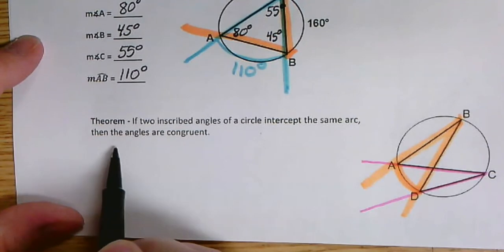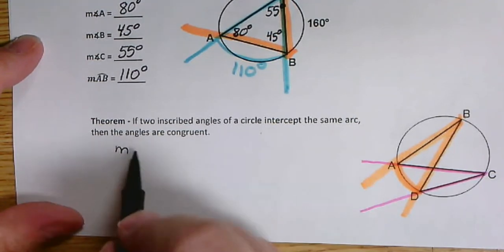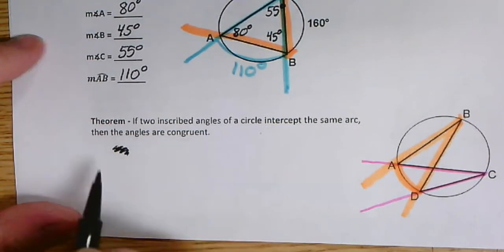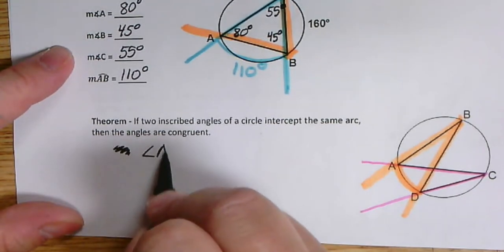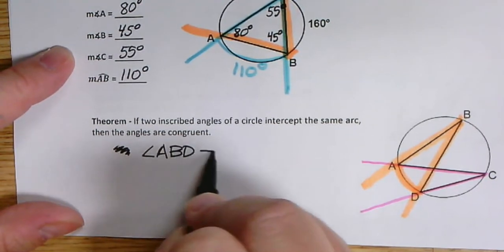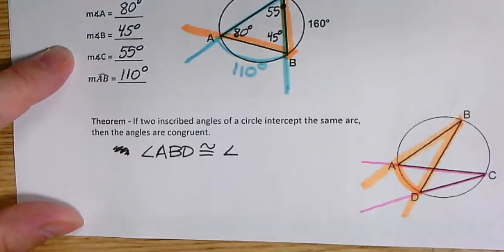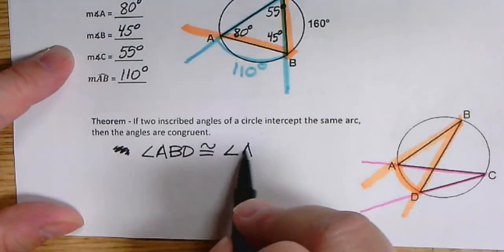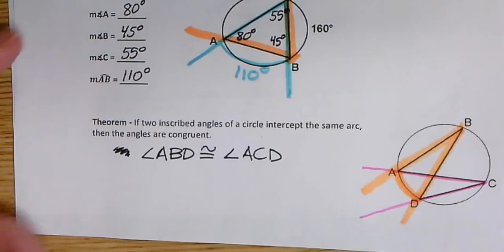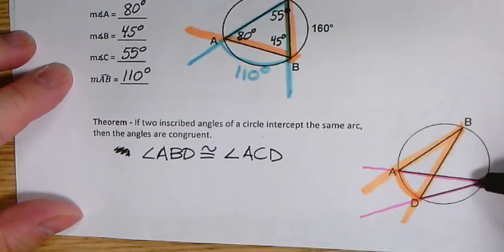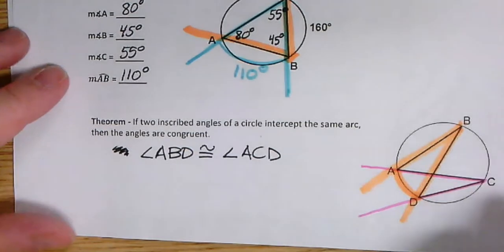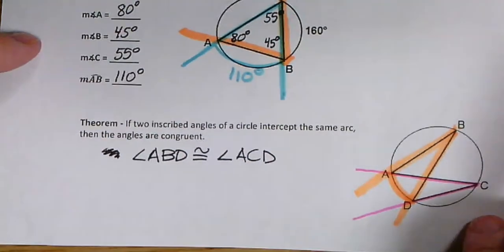So I can say the measure of, let's not even use measure, it says congruent, so let's go with that. Angle ABD is congruent to, which means same measure, angle ACD. All right, we could also turn this around and look at the fact that we have two angles that both intercept arc BC.